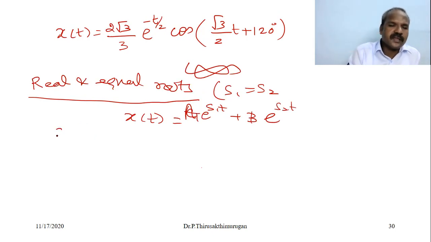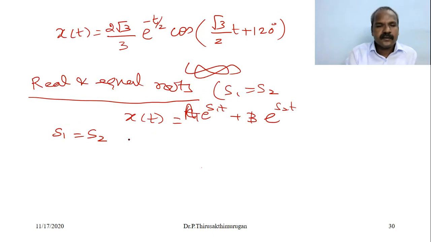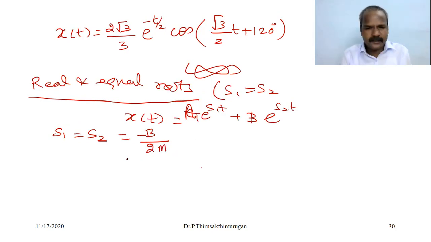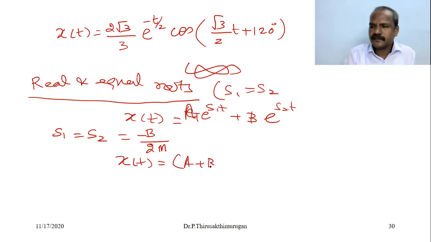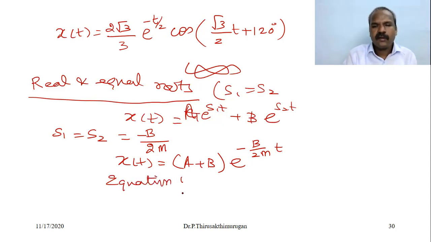When s1 equal to s2 equal to minus b by 2m, the equation becomes x of t equal to a plus bt e power minus b by 2m into t. So this is the equation of motion of the mechanical system.